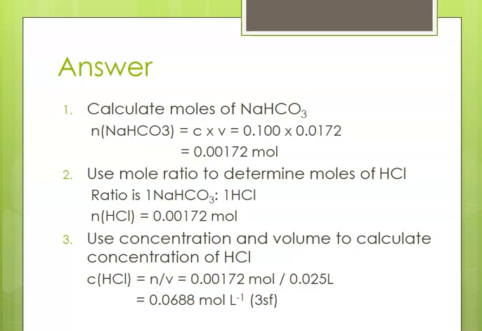So go back and have a look. Have you taken the volume of HCl and used that in your calculation of the moles of sodium hydrogen carbonate? Have you used the volume of sodium hydrogen carbonate in your calculation for HCl? Right? Those are things that people do regularly.